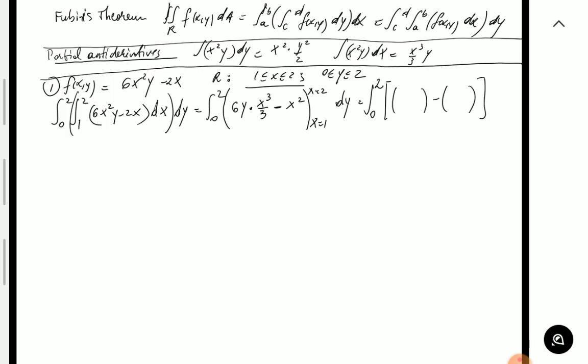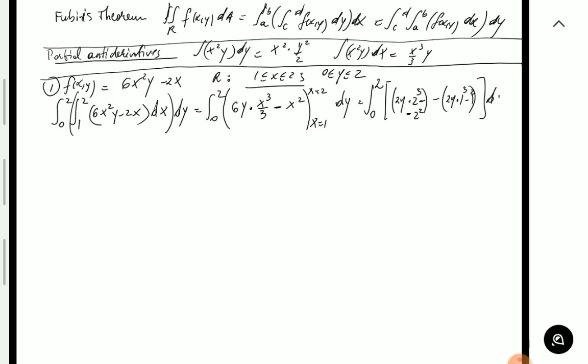This is going to be equal to whatever you get when you plug in x equals 2. Let's simplify this a little bit. 6 over 3 is 2. So 2y times 8/3 minus 2 squared. And then I plug in 1: 2y times 1/3 minus 1 squared.